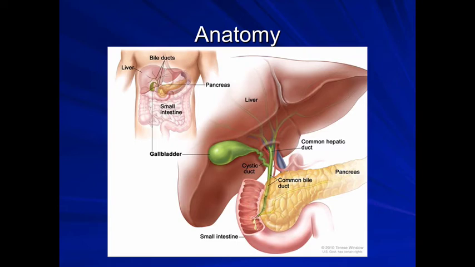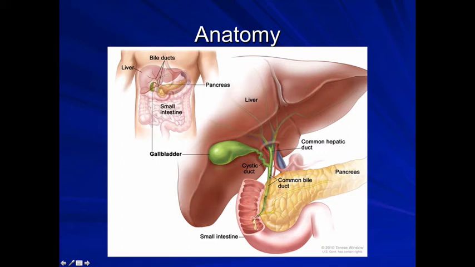So let's review the anatomy of the biliary system. As we know, the liver sits in the right upper quadrant, lying usually underneath the costal margin, and the gallbladder lies on the underside in the gallbladder fossa. The left and right hepatic ducts join to form the common hepatic duct, and at a variable distance down, the cystic duct enters to form the common bile duct.